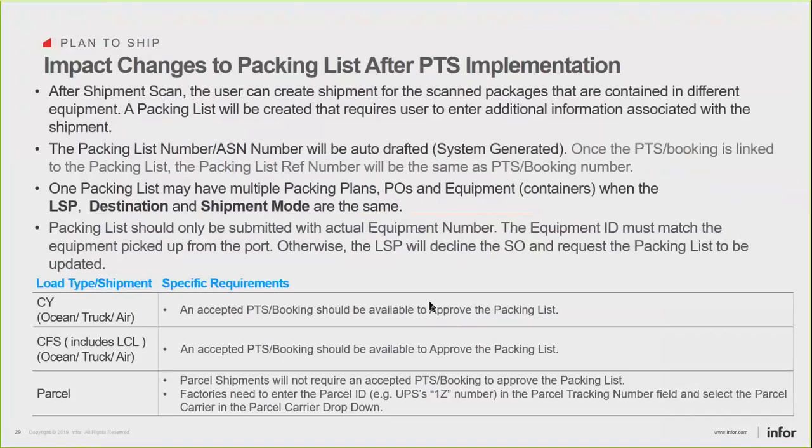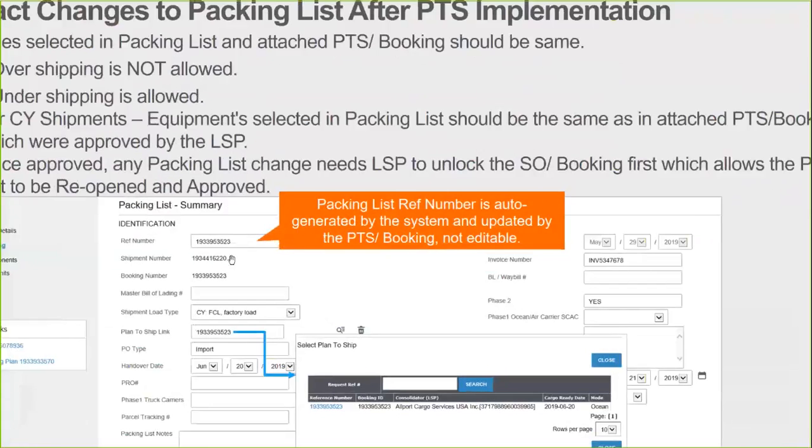From the screenshots, you can see that the packing list reference number is generated by the system, and once the Plan to Ship is linked to this packing list, the reference number will be changed to the Plan to Ship reference number. So these two numbers will be the same. On the packing list, click on the lookup icon from the Plan to Ship link field.